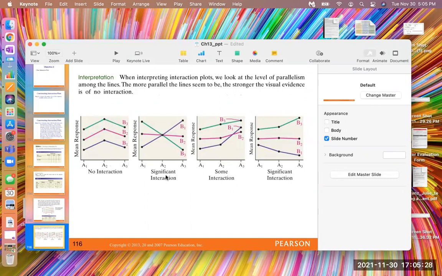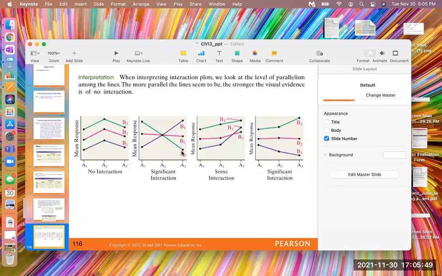This second one, where notice that the response variable, when you increase A here, at a low level of B, or whatever B1 means, then the response variable increases a lot.